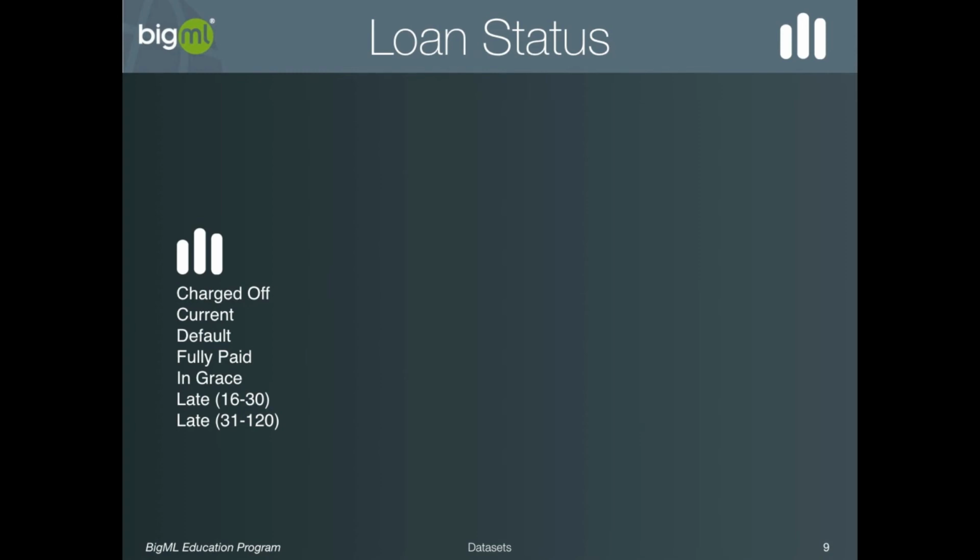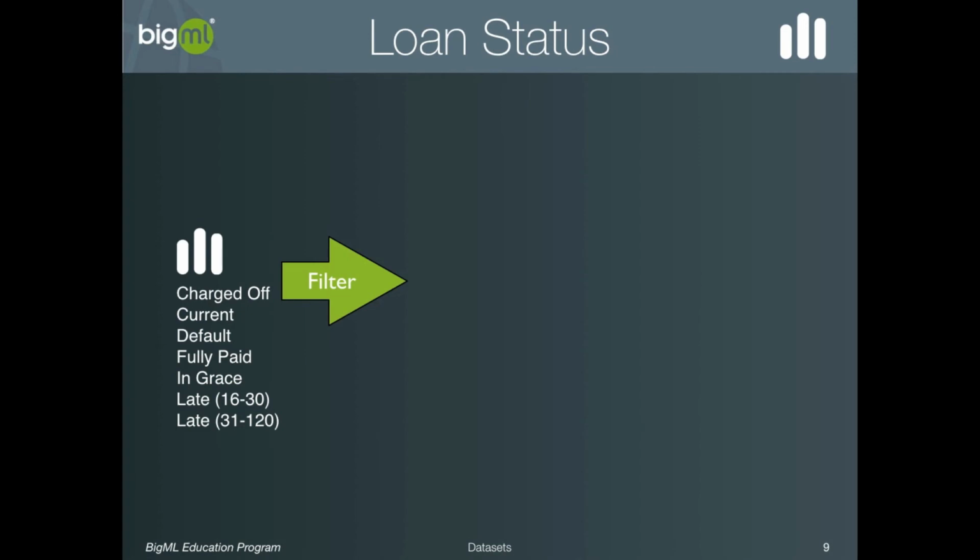Another possible outcome is that the loan is defaulted, it's been fully paid, or it's in a grace period, or it's been late for 16 to 30 days, or it's been late for 31 to 120 days. And if you think about this, this is mixed together loans that are still what you might call open and loans that you might call closed.